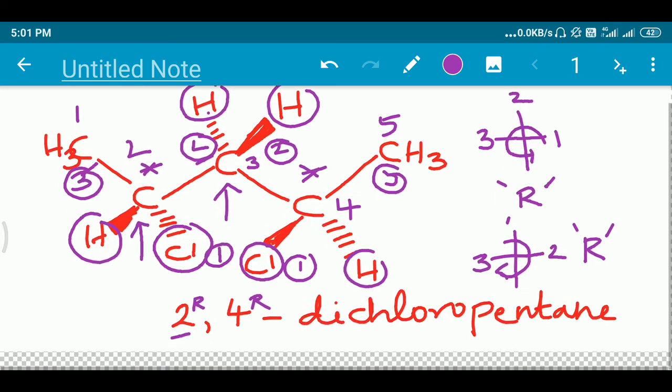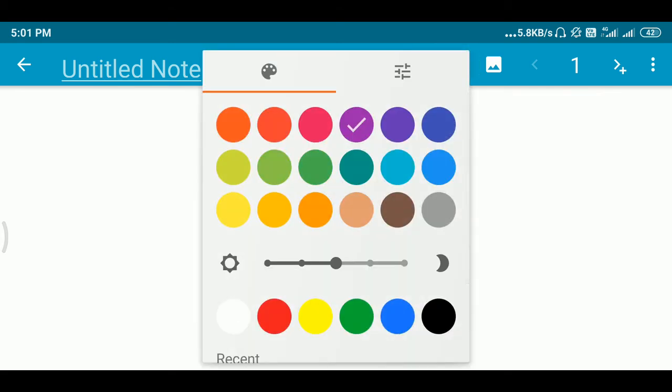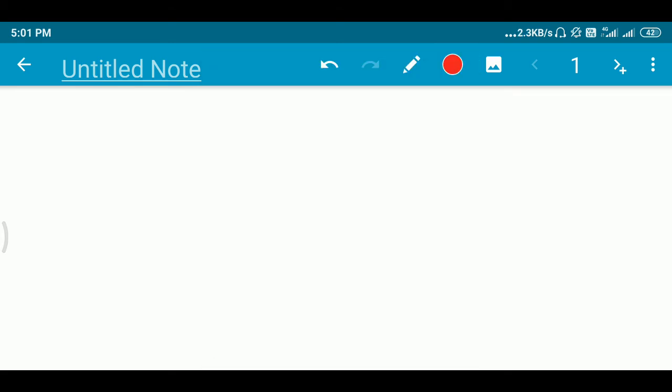Now we can try its enantiomer, which is nothing but 2S,4S.